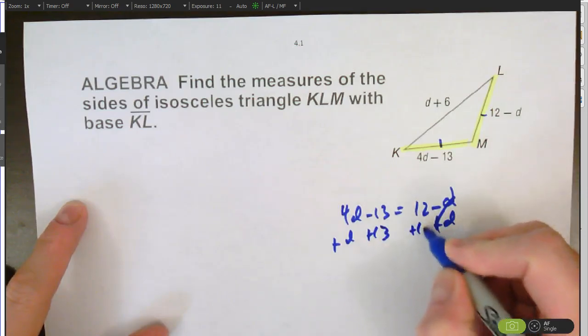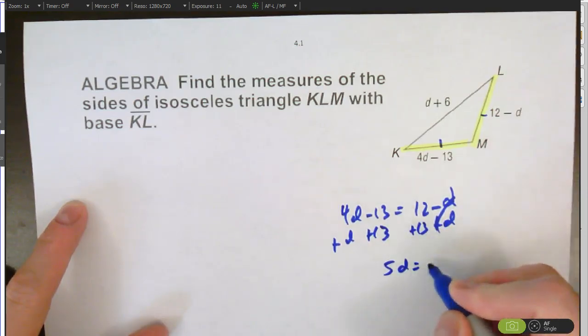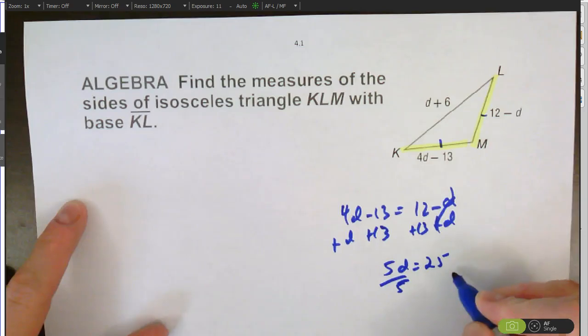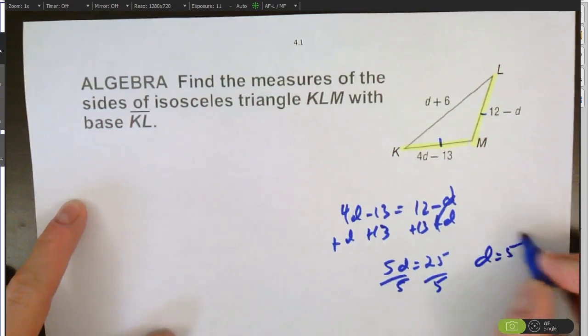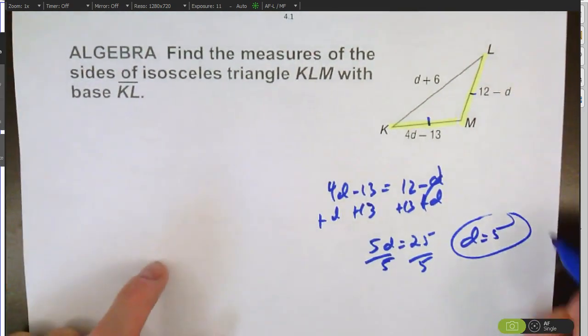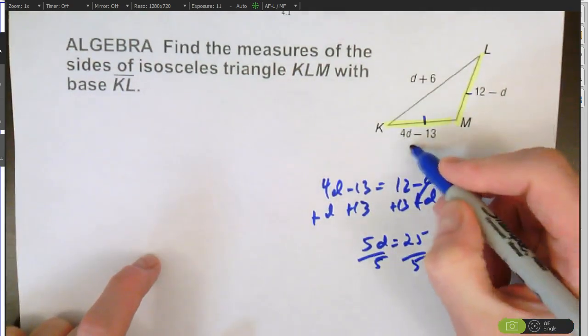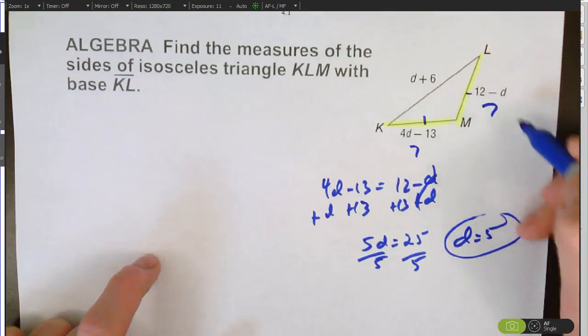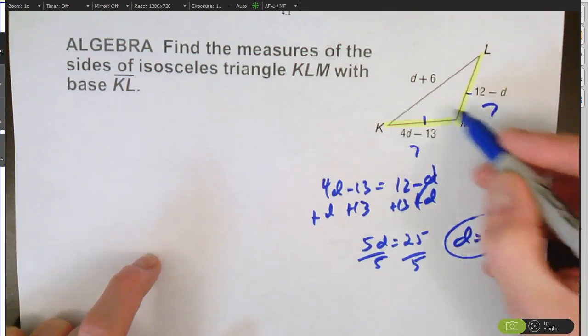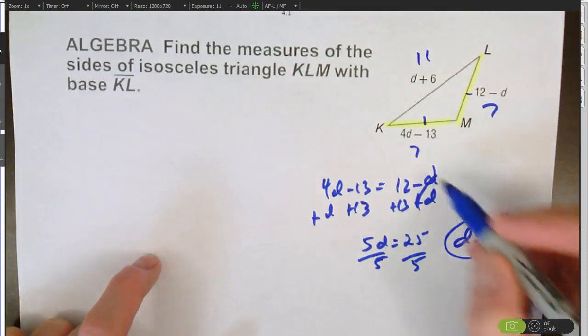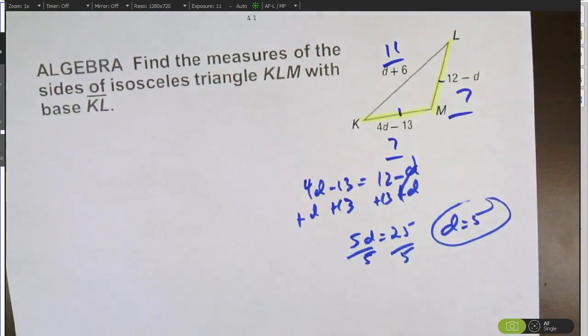Add 13 with the 13 over here. We get 5D is 25. Divide by 5. D is 5. So we have to solve for D first before we can do anything, then plug it back in. 20 minus 13 is 7. 12 minus 5 is 7. That's good, those two should be the same. And then 5 plus 6 is 11. So 7, 7, 11.